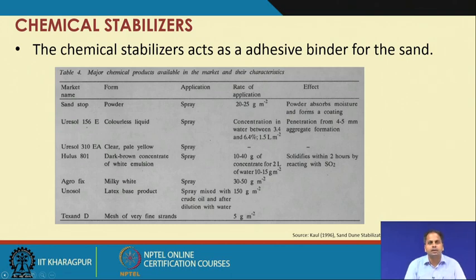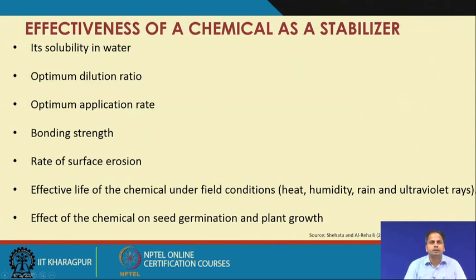This kind of chemical stabilizer can be selected by properly considering the requirements of the regions. The effectiveness of the chemical stabilizer can be decided by assessing its solubility in water, the optimum dilution ratio, and the optimum application rate so that it can be cost effective, then the bonding strength of the material, and the rate of surface erosion, that is, to what extent erosion is happening over that region.